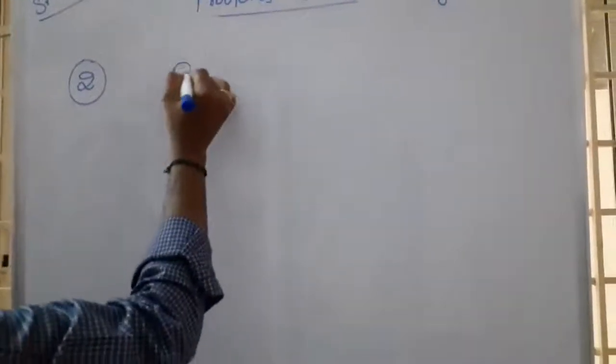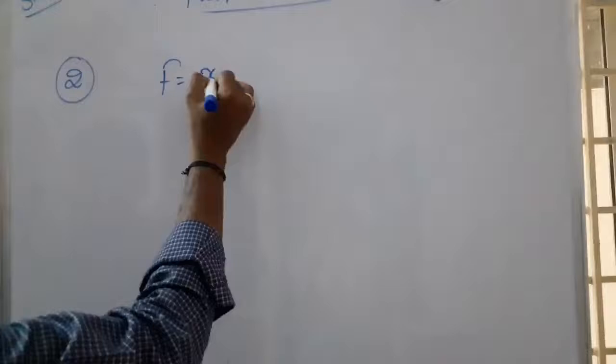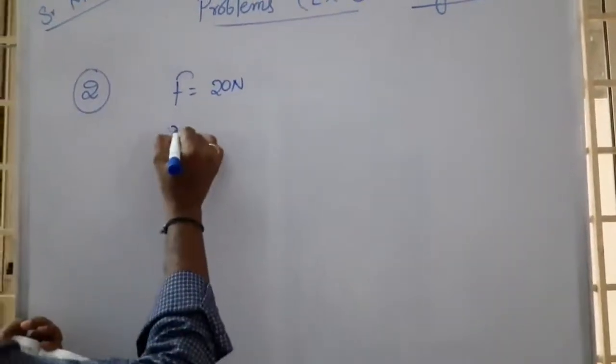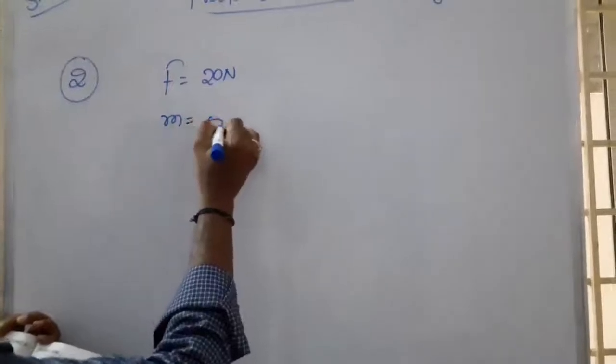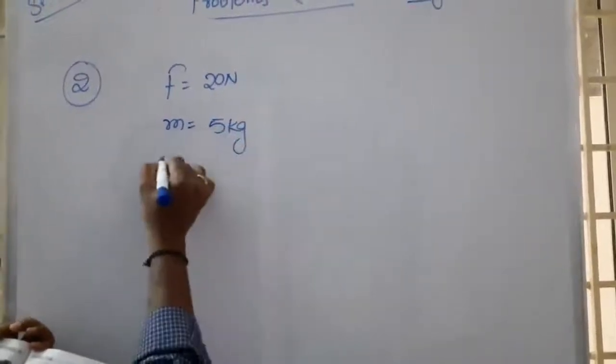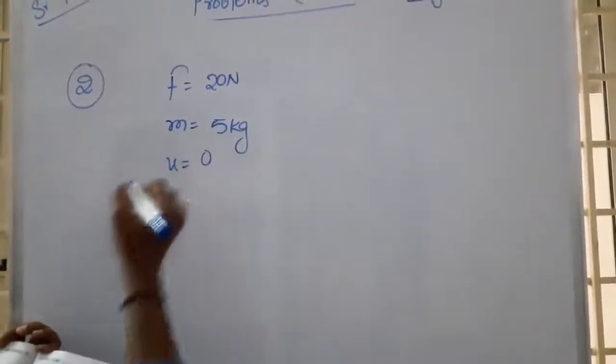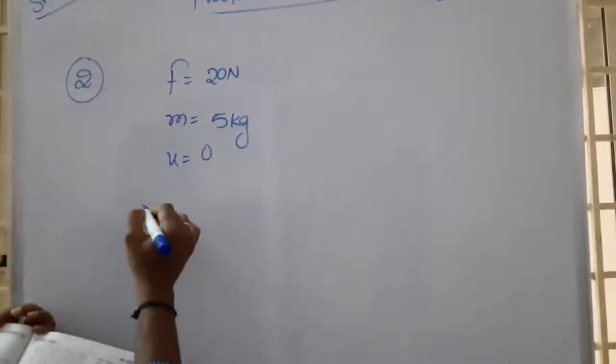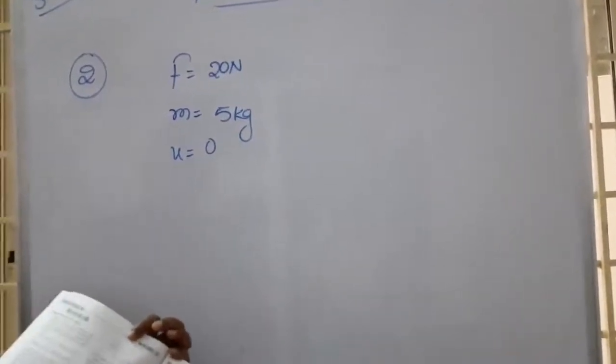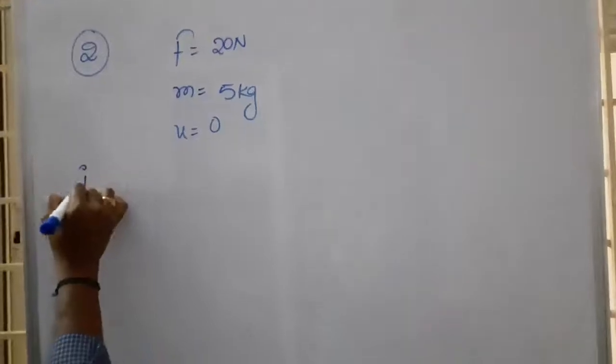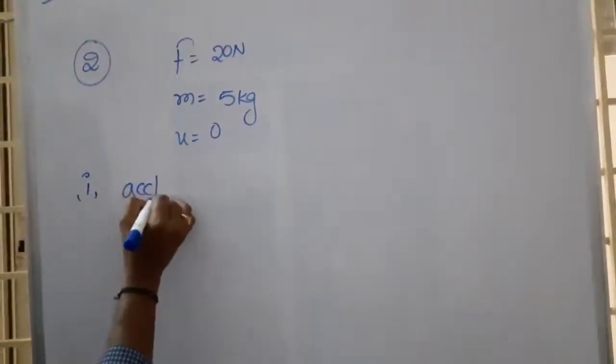Next, a force F is equal to 20 newtons acted on a body of mass 5 kg, which is at rest, so u is 0. The questions: what is the acceleration?